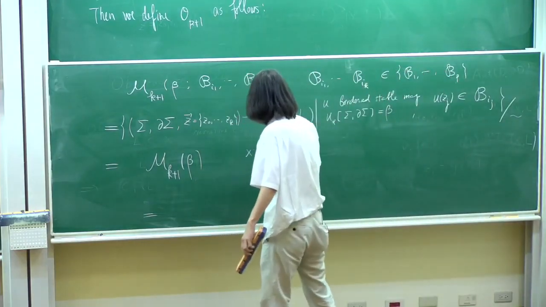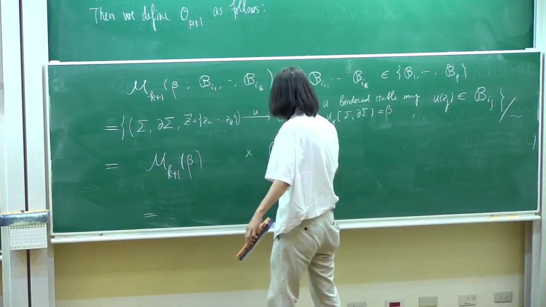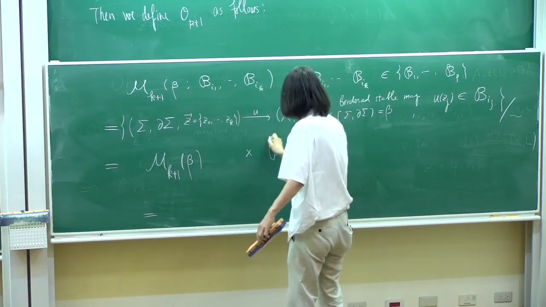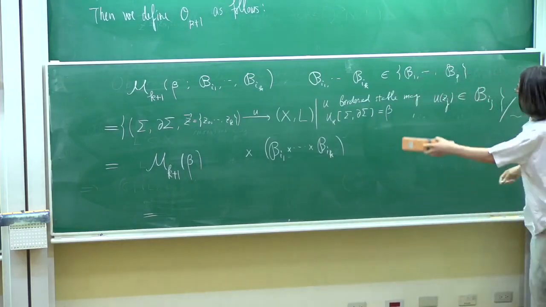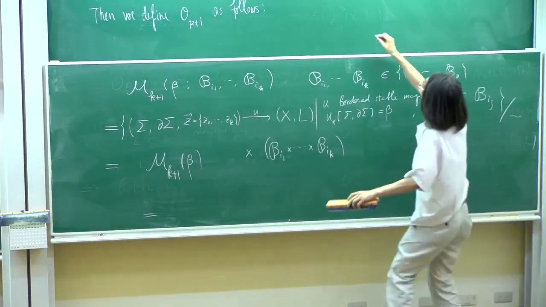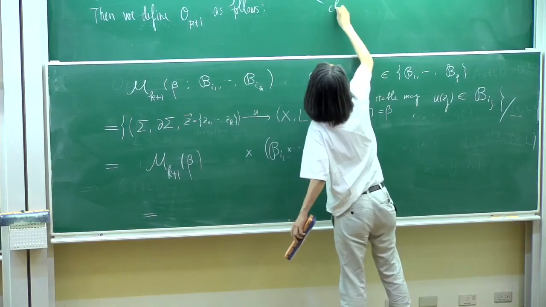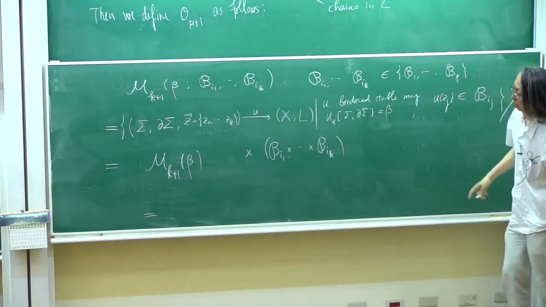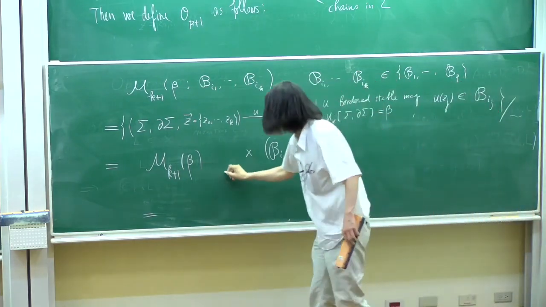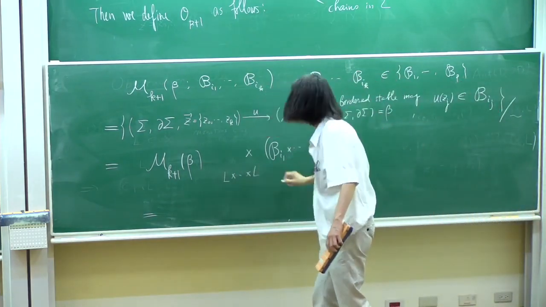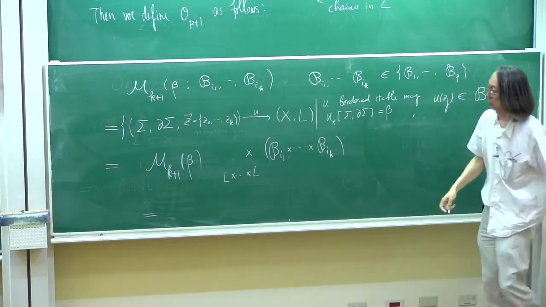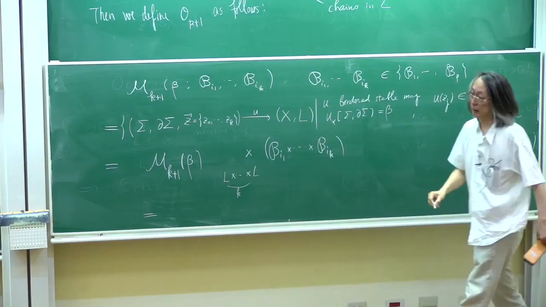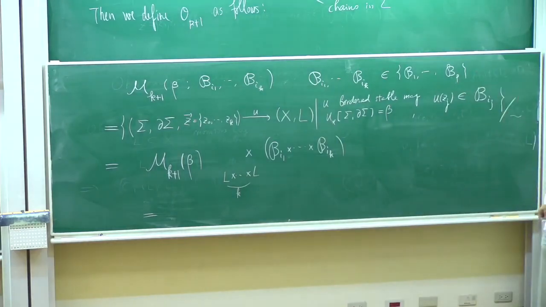And then here I have B_{i1}, ..., B_{ik}. So these are just chains, certain chains in L. So we can just include it because it's a chain. You can think of it as a subset, a chain in L, and you just naturally include it here.